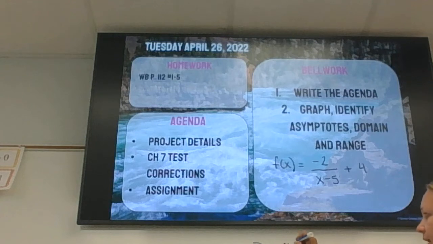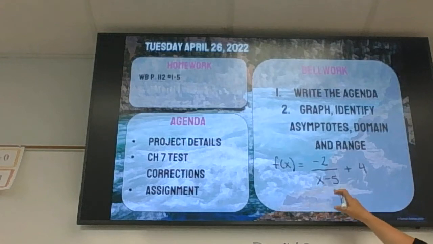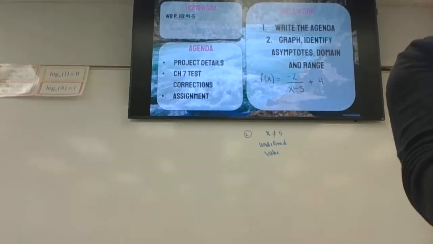I see right away that x cannot be 5. This is our undefined value. When I put a 5 in here, I get a 0. It's no good. So that means I have an asymptote there.